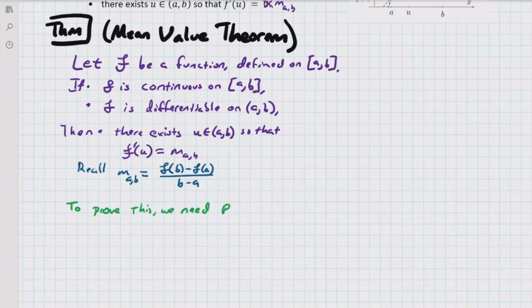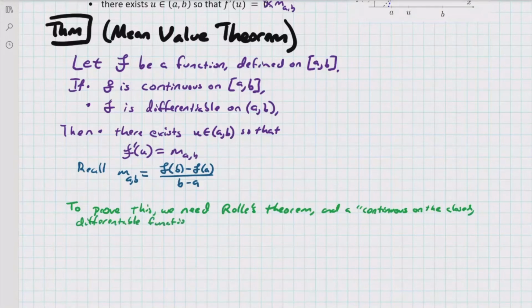I need a function, continuous on the closed interval and differentiable on the open interval, so that g of a equals g of b, so that Rolle's theorem works.